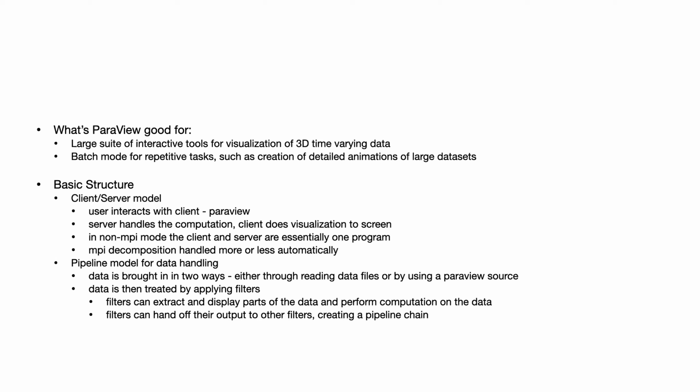You can handle MPI decomposition more or less automatically. And it's a pipeline model for data handling. The data is brought in two ways, either from data files or by using what Paraview calls a source. And then you work on it by applying filters. You'll see a bunch of filters as we go on.